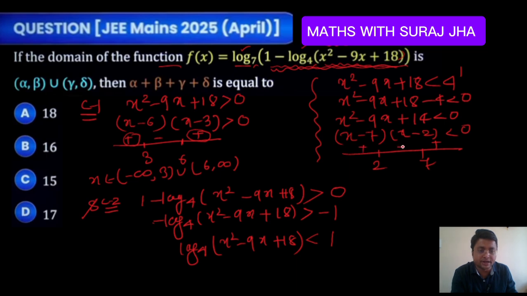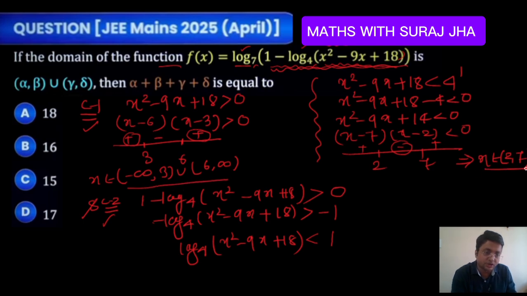We have to take the negative part, so x belongs to (2, 7). Now this is case 1 and this is case 2. From case 1 we have got this answer and from case 2 we have got this answer. Now we will take the intersection of both the cases.